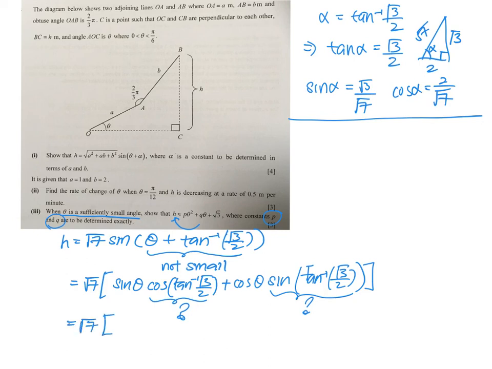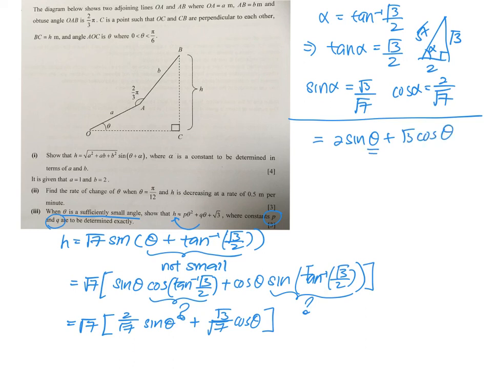Don't forget you have root 7 outside. So you have 2 over root 7 sine theta plus root 3 over root 7 cosine theta. Let's simplify it. We will get 2 sine theta plus root 3 cosine theta.